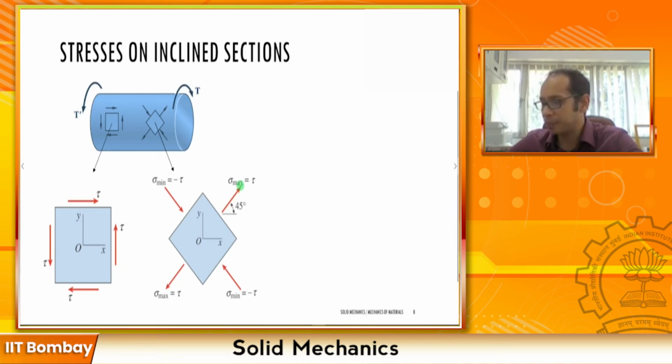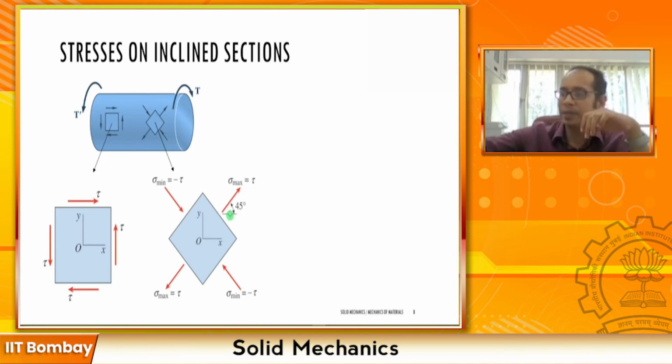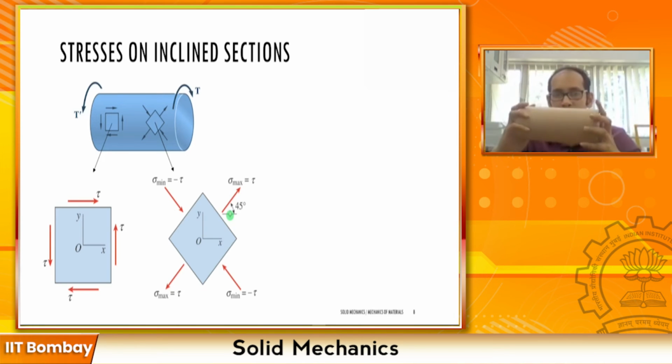I am going to have a maximum sigma, which is going to be equal to this tau over here, right? And my shear vanishes. So it's such an interesting scenario where you have this circular shaft where every rectangular element is having pure shear, but within the same shaft, if you are looking at an angle of 45 degrees, those elements aligned at 45 degrees are only experiencing normal stress, right?